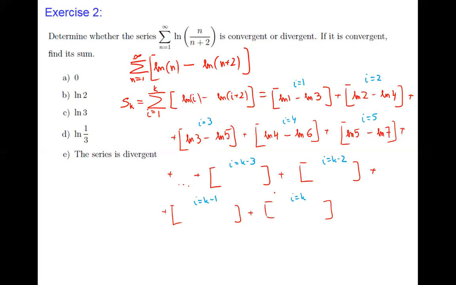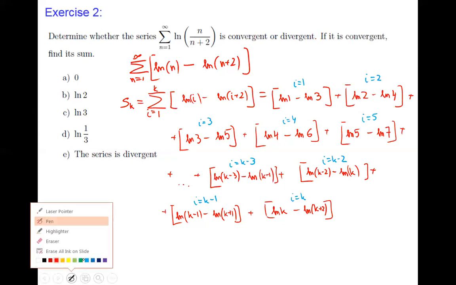And then let's start from the back side: ln of k minus ln of k plus 2. ln of k minus 1 minus ln of k plus 1, since k minus 1 plus 2 is k plus 1. ln of k minus 2 minus ln of k, since k minus 2 plus 2 is just k. And then ln of k minus 3 minus ln of k minus 1, since k minus 3 plus 2 is just k minus 1.